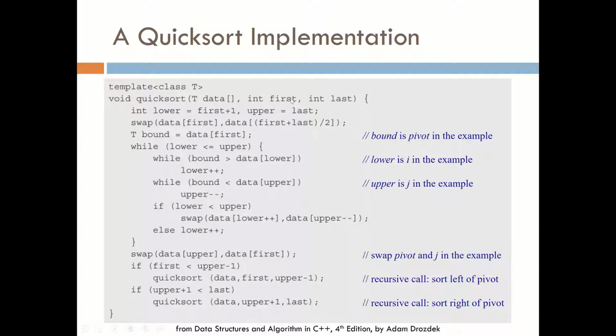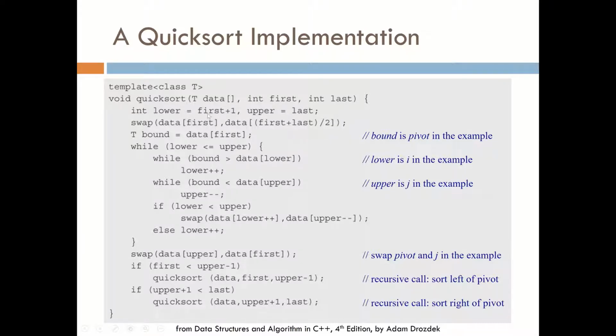So initially, these 2 will be the entire array. This will be the first element and the last element, but in subsequent recursive calls, this will be a subarray. So for instance, first may have the value 5, and last may have the value 7. And in that case, we're sorting a 3 element subarray.